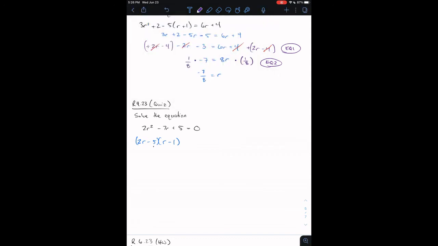So I have -5, -1 multiplying together to 5. And now, if I think about it, if I multiply 2r into -1, that's -2r. And then -5 into r, that's -5r. So adding those two together gives me -7r. And then the 2r times r gives me 2r squared.